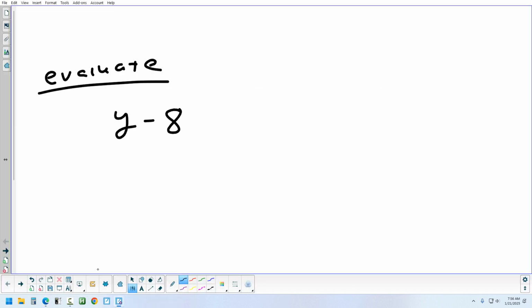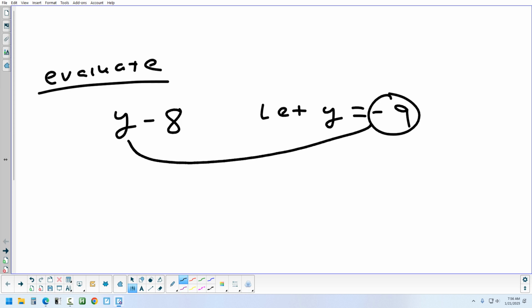All right, so let's see if we can do it. It says evaluate y minus 8. Let y equal -9. So all we have to do is take the number they give you and fill it in for y. So -9. I'm going to change y to what they told me. -8 stays the same.